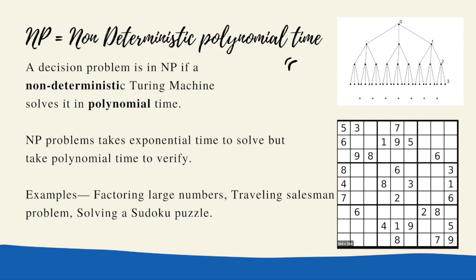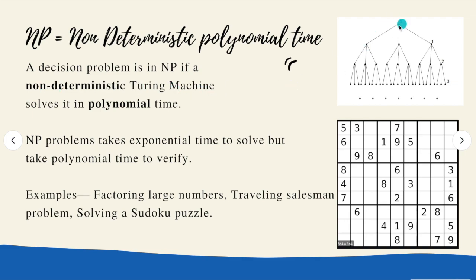So it's not your fault, it's just the notation. NP actually stands for non-deterministic polynomial, not not polynomial. The definition of NP: a decision problem is in NP if a non-deterministic Turing machine solves it in polynomial time. Note, I'm using a non-deterministic Turing machine here.